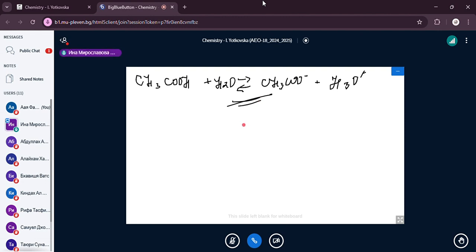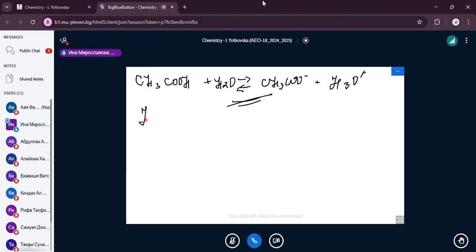It's a reversible reaction. So the dissociation is not full. And for that reason, we cannot use the method until now for calculating the pH of the solution of a weak acid.